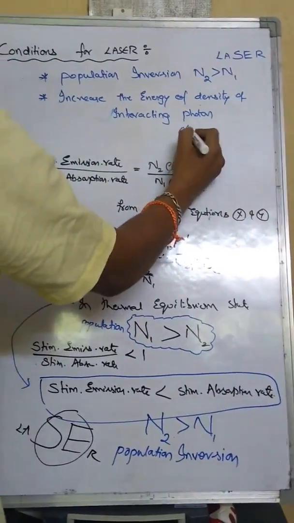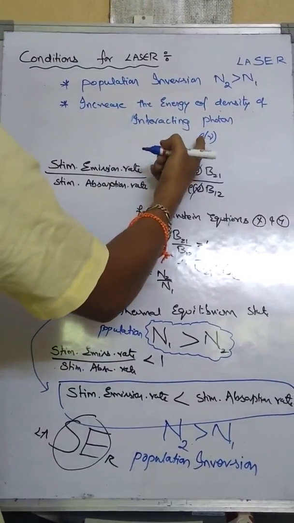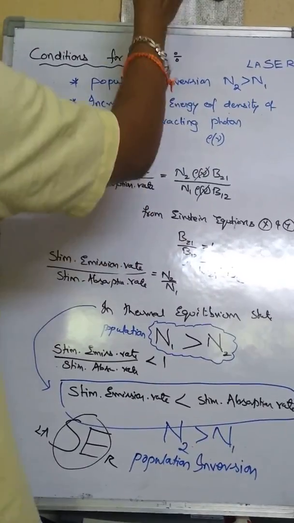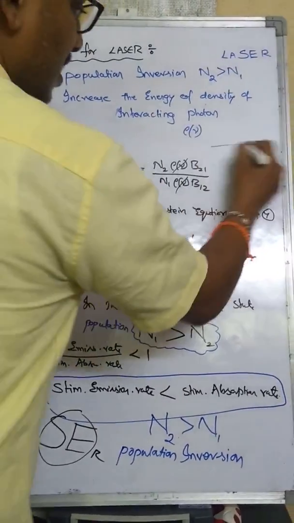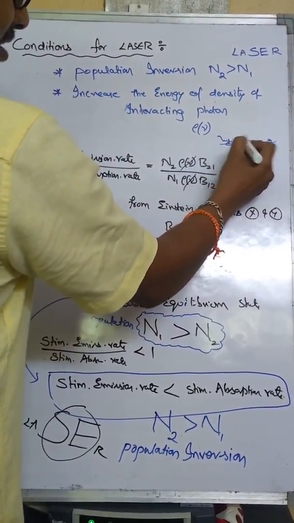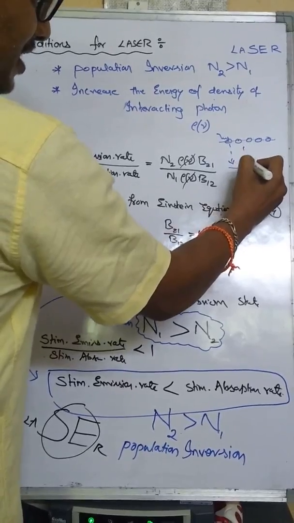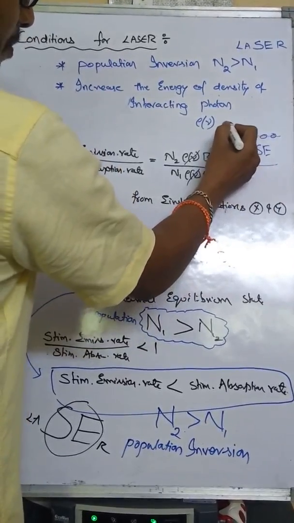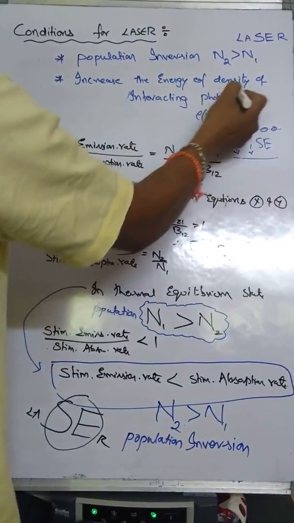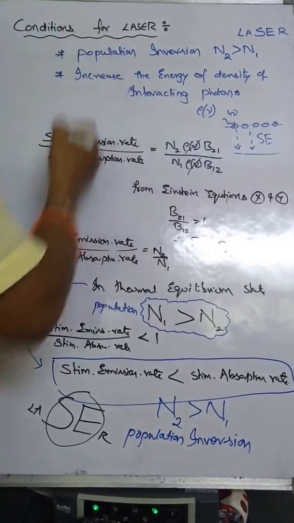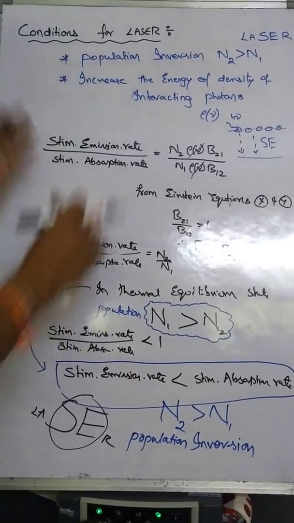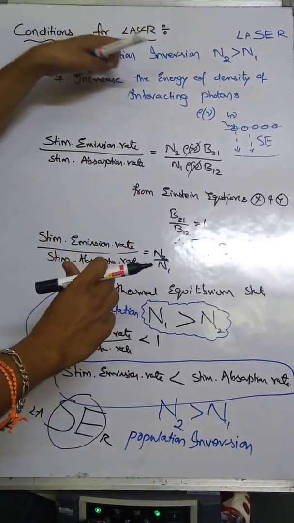If we use rho nu as the density, this energy, the density of photons, must be increased for better interaction, because these photons will interact with the atoms and automatically stimulated emission occurs. This supplying energy, h nu, must be increased. When these two conditions are attained, the laser will be an efficient laser.